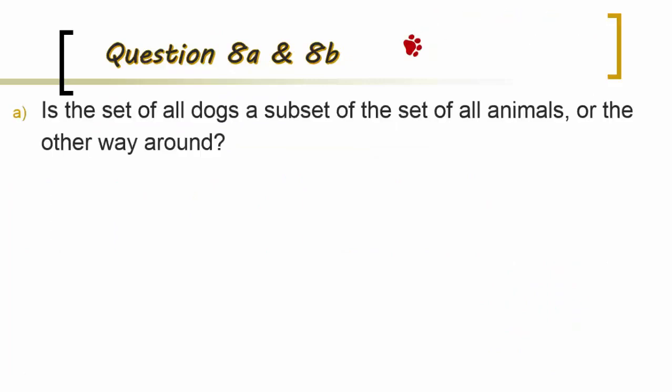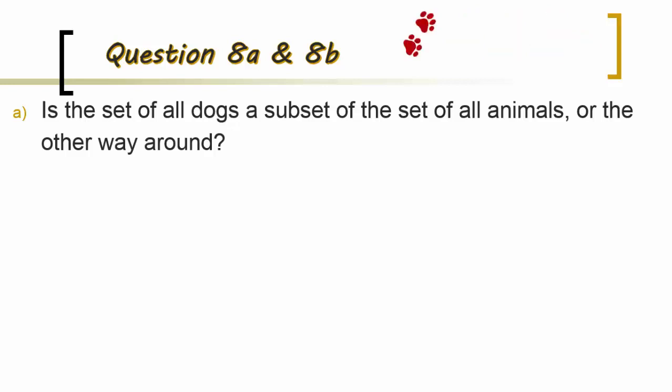In question 8a, is the set of all dogs a subset of the set of all animals, or the other way around? Well, we know dogs are animals, and all dogs are animals, but a cat is not a dog. So therefore, all animals are not dogs.